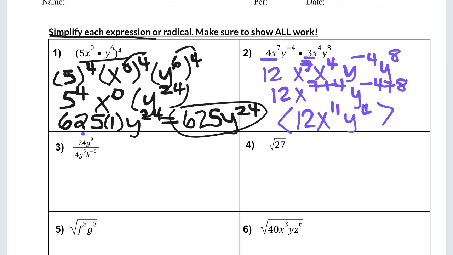Example 3, we can use quotient of powers rule, but our coefficients will be divided. 24 divided by 4 is 6. Grouping together based on variable, we have g to the 9th over g to the 5th.